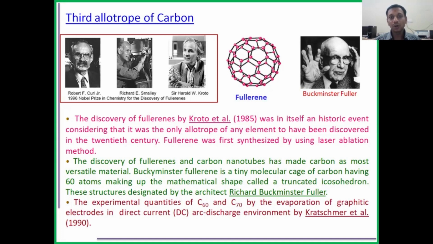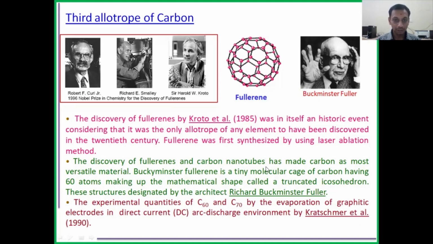So this structure has 60 carbon atoms and these three scientists discovered the fullerene. And you can see here, Buckminster fullerene is a tiny molecular cage of carbon having 60 atoms, making up the mathematical shape called truncated icosahedron. This structure was designed by architect Richard Buckminster Fuller, and that's why the name is fullerene.